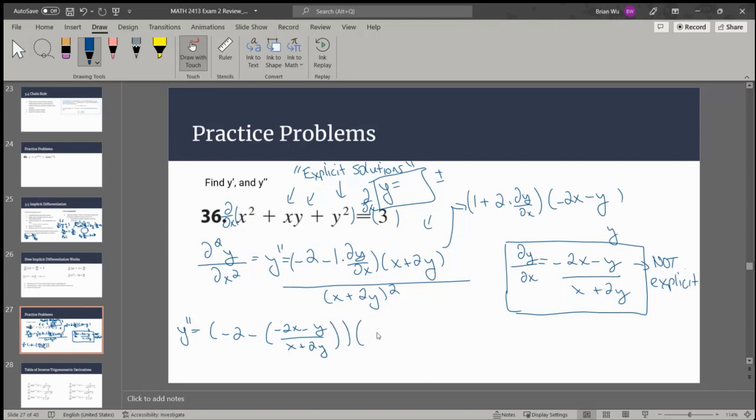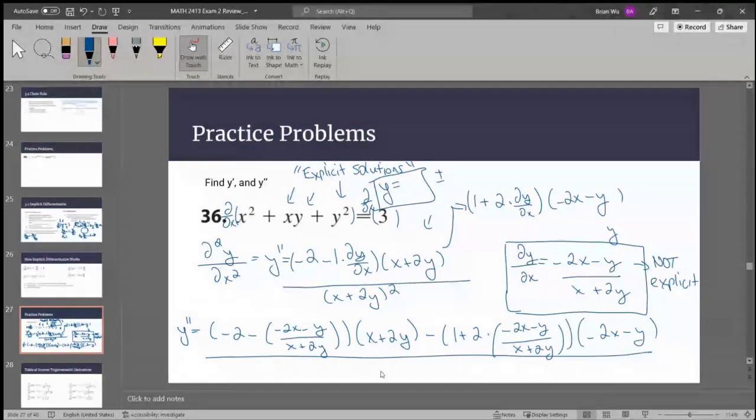And all this is times (x plus 2y) minus (1 plus 2 times this big derivative) times (minus x minus y). And all of it is divided by (x plus 2y) squared.